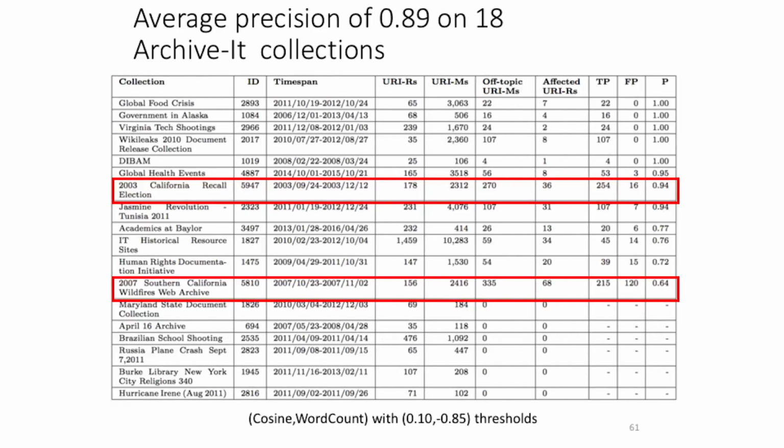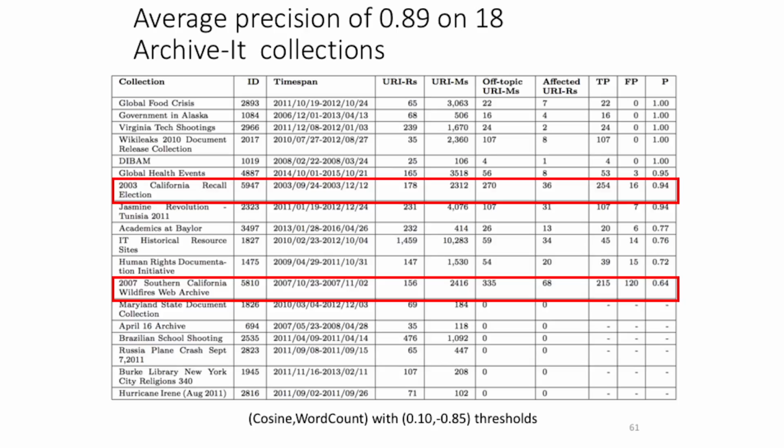Then we ran it on 18 collections and tried to discover off-topic mementos in those collections. We got pretty good results. We can't tell the ones that we missed, but we can examine the ones that were flagged as off-topic, and then we went and manually determined if they were truly off-topic. Now, some of the collections have no off-topic pages that we could detect, so that's great.